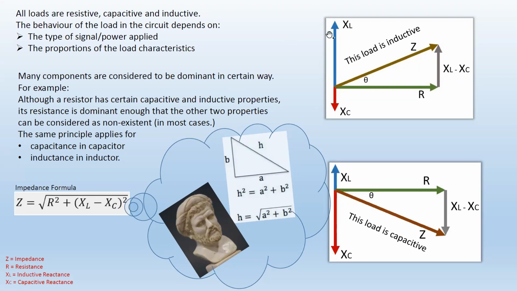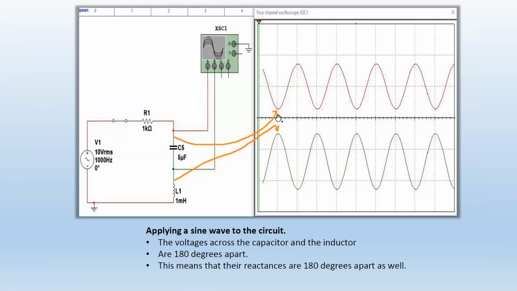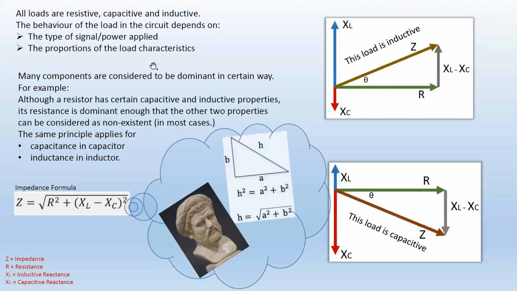You see here is inductive reactance and here is capacitive reactance. And if we go back to the previous slide, they are 180 degrees out of phase. They're just opposite to each other.